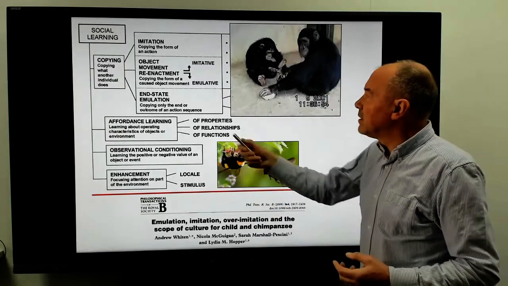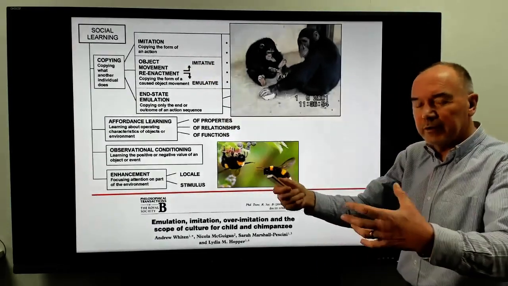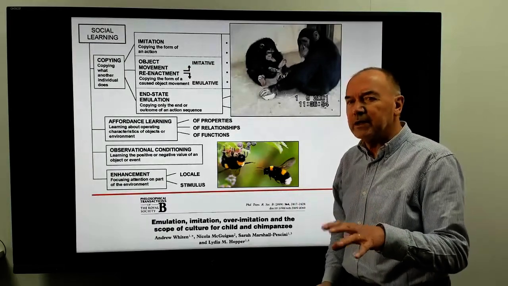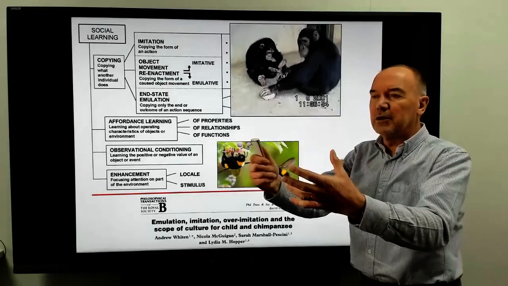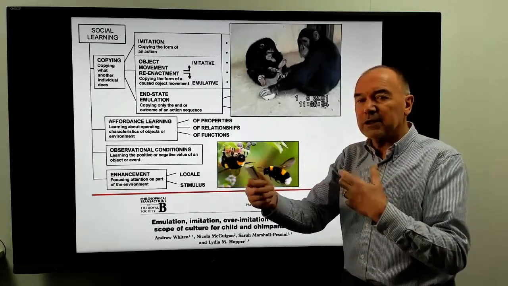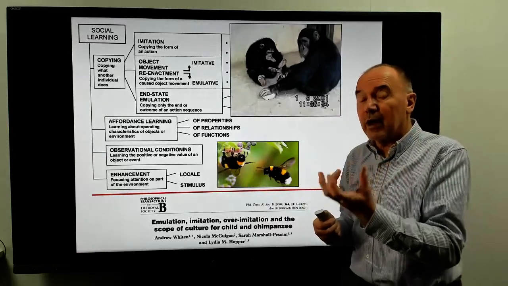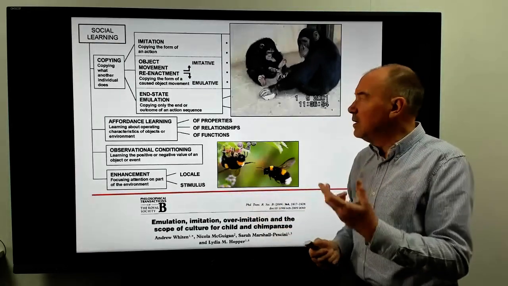And then other processes such as imitation, copying the form of an action from another, which involves a quite complicated cognitive task, if you think about it, of seeing what another individual is doing. So you've got visual information there, but what has to happen is then to transform that into motoric output that matches, that corresponds to that, for there to be an imitation.